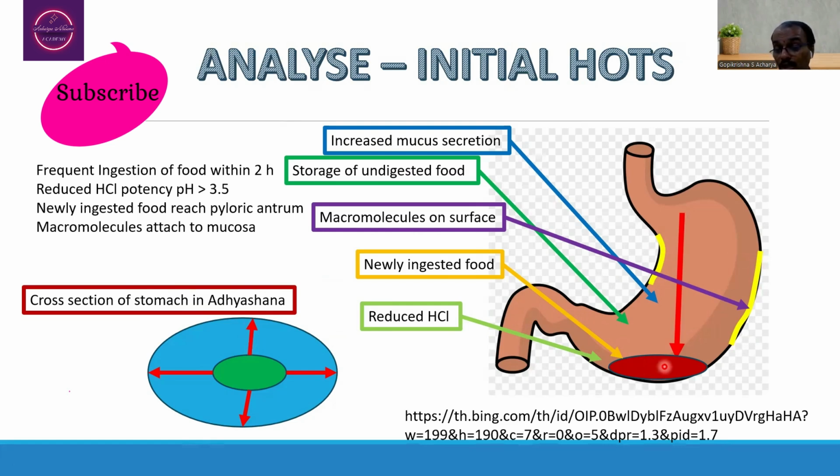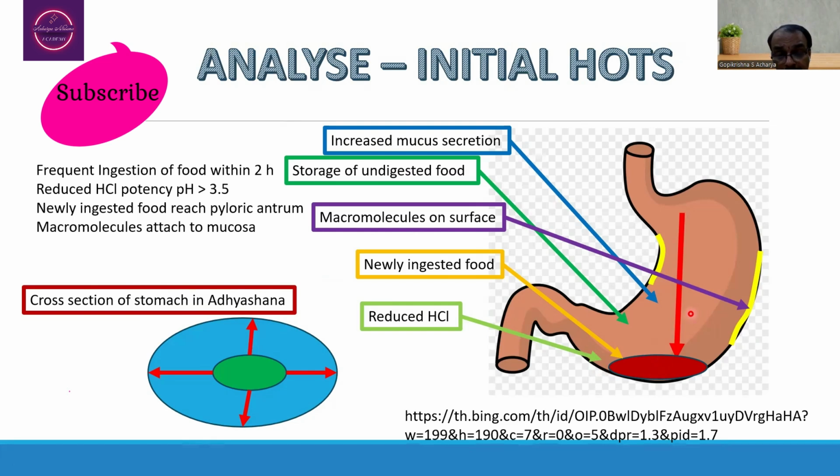When the person consumes food again, that is Adhyashana, it is responsible for reduced hydrochloric acid, because this is the region where the hydrochloric acid secreting cells are present. This is responsible for incomplete activation of pepsinogen into pepsin, which is essential for the conversion of macromolecules into intermediate molecules or micromolecules in the stomach.